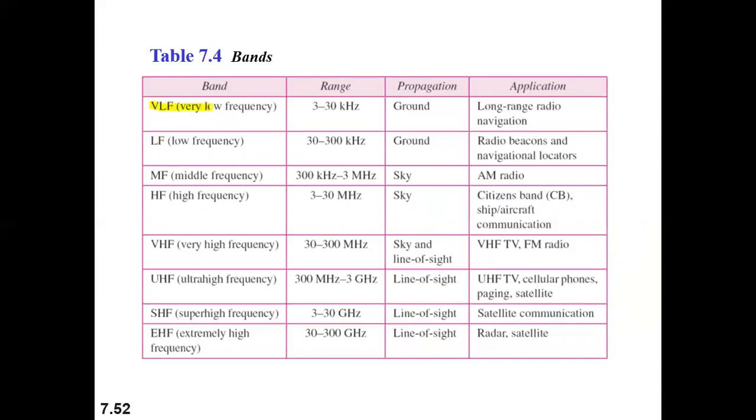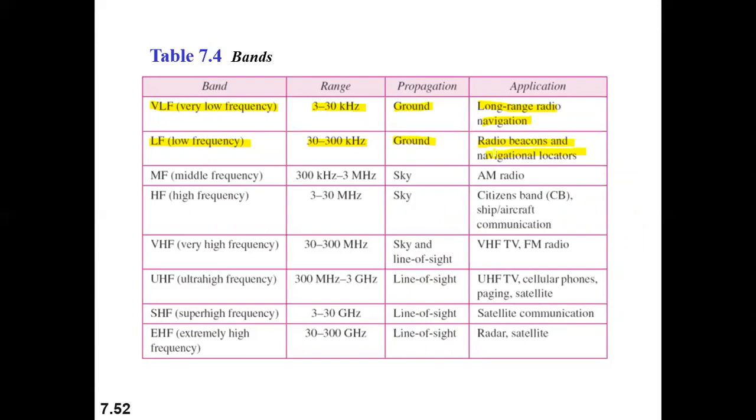So the very first band is made up of very low frequency bands, and this consists of frequencies ranging from 3 to 30 kilohertz, and these signals follow ground propagation method, and normally they're used in long range radio navigation. Now, low frequency bands normally consist of signals with frequencies from 30 to 300 kilohertz. They also follow ground propagation method, and they're normally used in radio beacons and navigational locators.